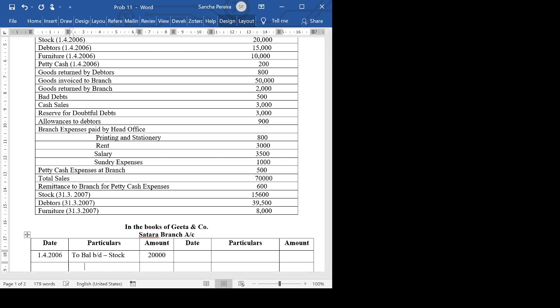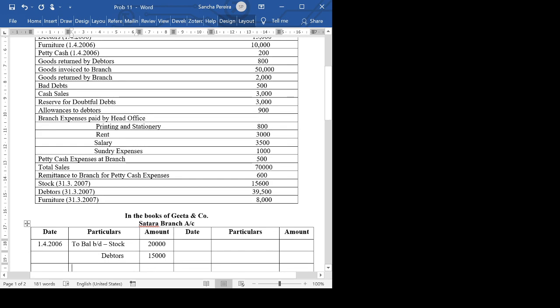Debtors are 15,000. Furniture 10,000. And petty cash is 200.